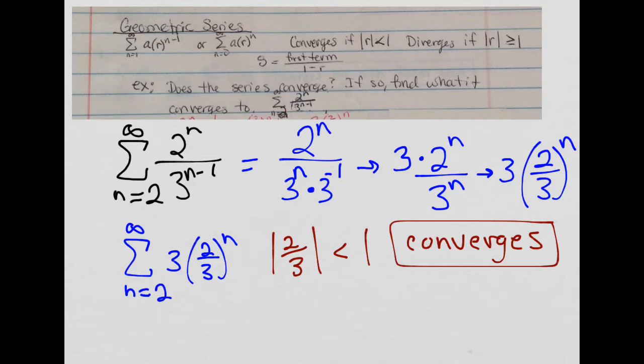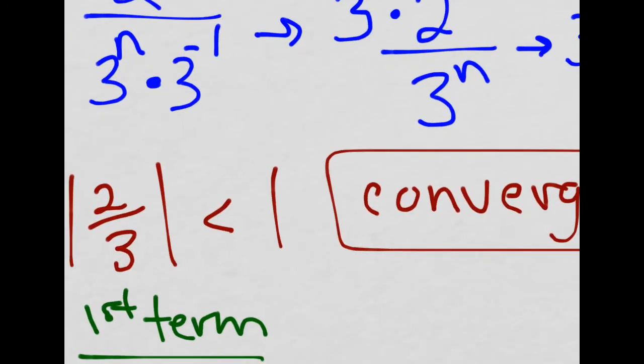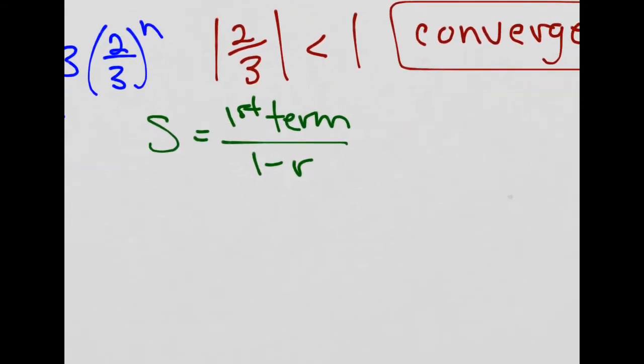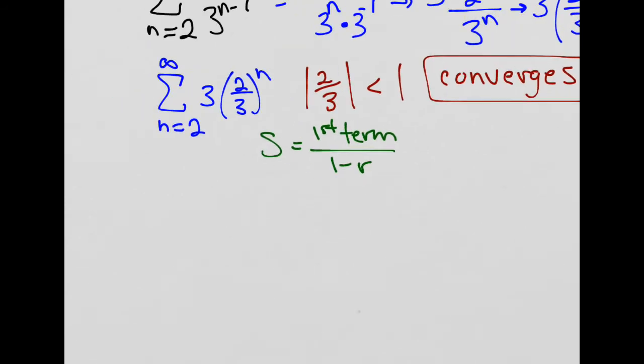Now we want to find its sum, since it does converge, and we'll use the formula s equals first term over 1 minus r, the common ratio. Let's figure out what our first term is. To find the first term, we need to know the original.